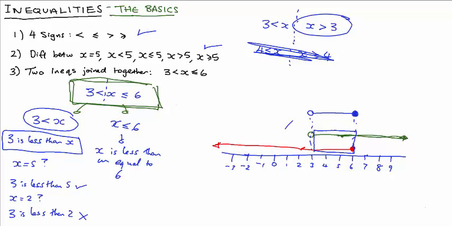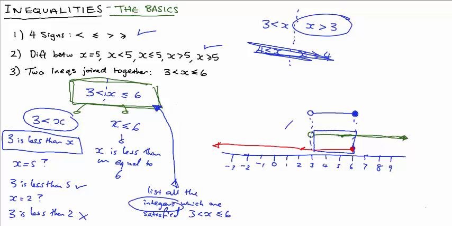You know what? Then you might get a question which gives you this and asks you to list all the integers which are satisfied by what you've been given. The one word you've got to keep knowing through the whole of this is integers. Integers just means whole numbers.